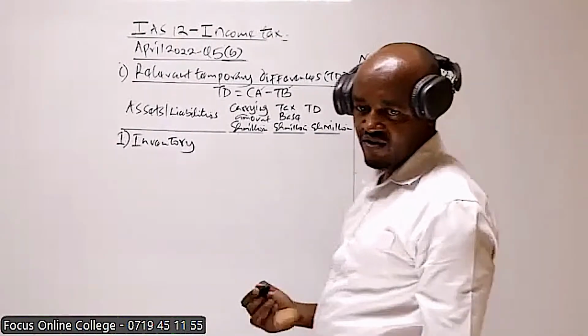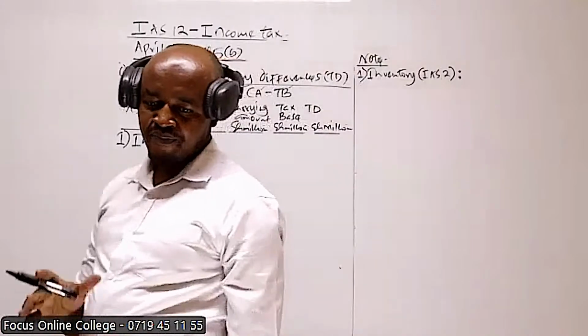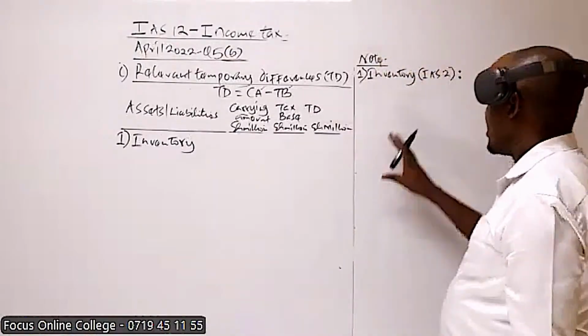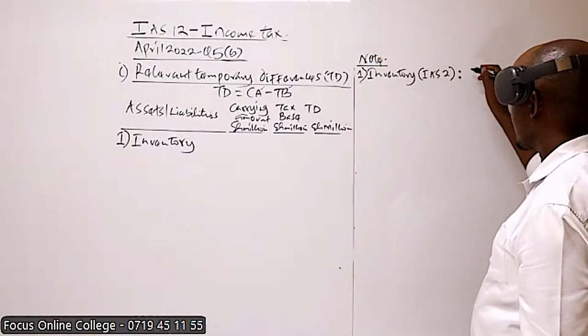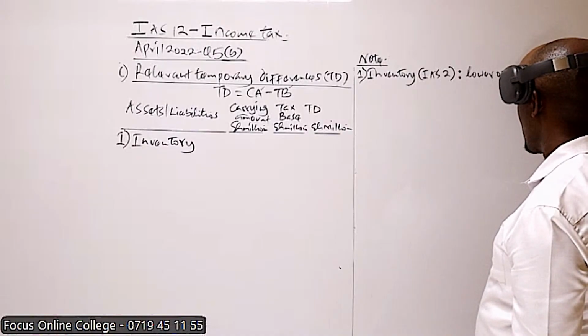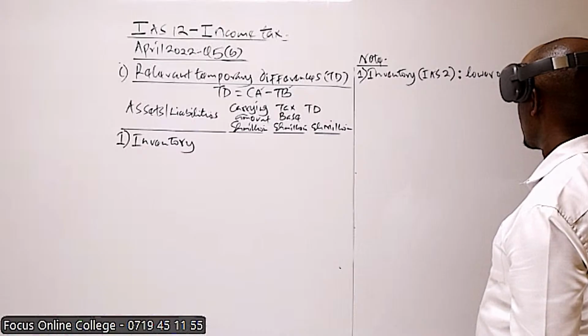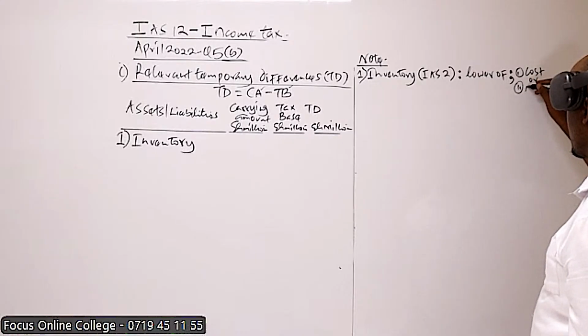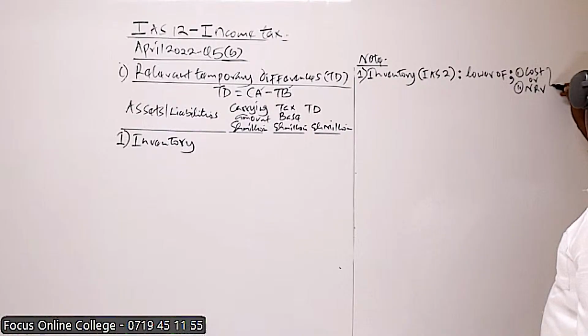This standard requires that the value of the inventory should be the lower of two values, the cost or the net realizable value. This is the value at which the inventory is recorded in the statement of financial position.